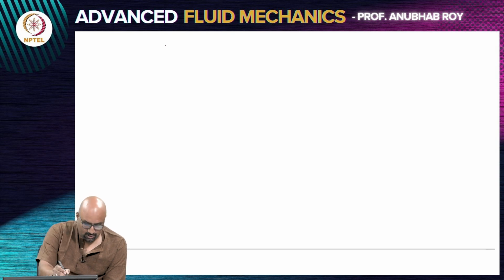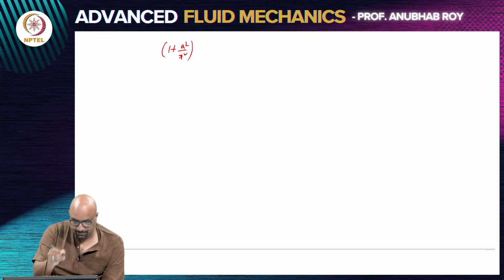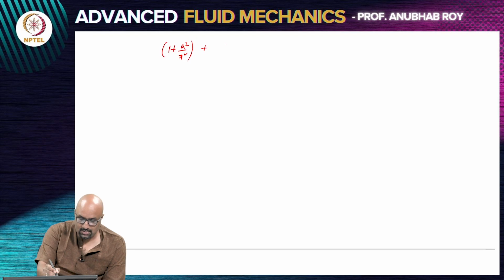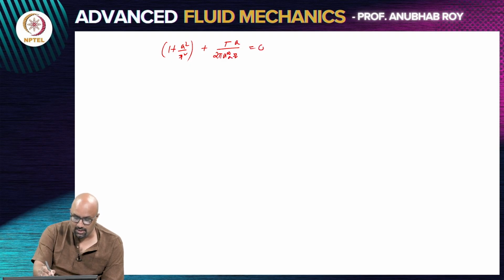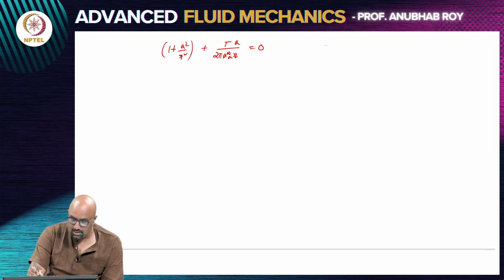If you take your equation, which is 1 plus a square by r square plus gamma by 2 pi u infinity, I will define this as r by a is equal to 0. So, let me call this variable r by a as some new variable. Let us use zeta as r by a.